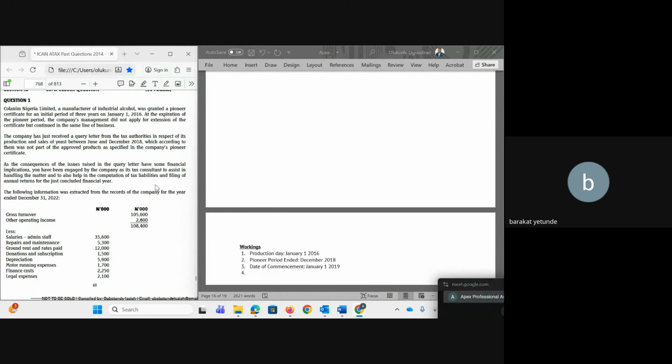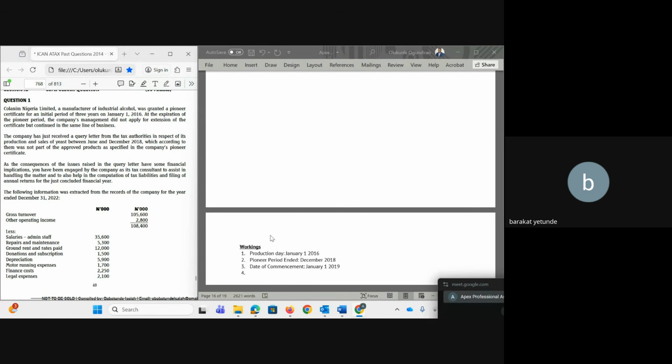The issues raised in the query letter have some financial implications. You have been engaged by the company as its tax consultant to assist in handling the matter and to help in the computation of tax liability and filing of annual tax returns for the just concluded financial year.